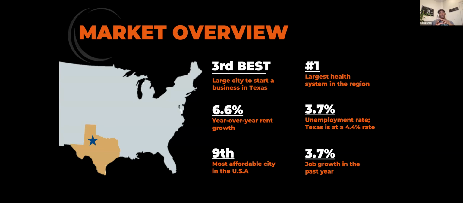Texas Tech, one of the biggest universities in the United States, is constantly growing, and they're retaining almost 11,000 of their graduates per year. So Lubbock is a really premium city that is trending upwards. Next slide.